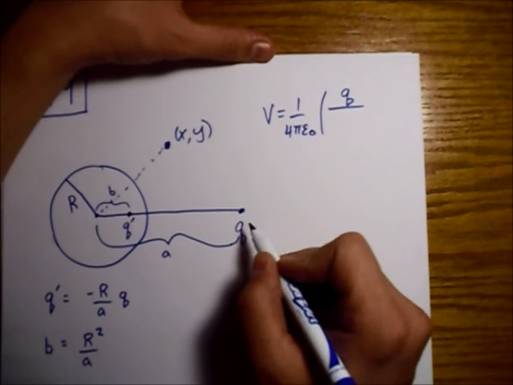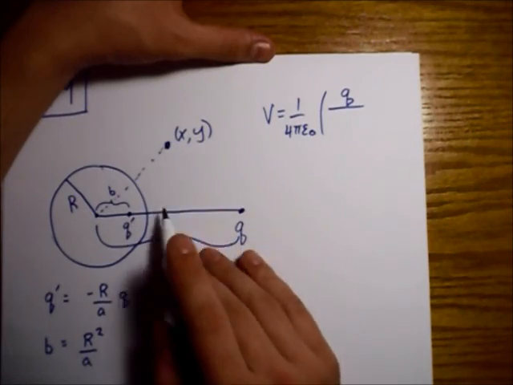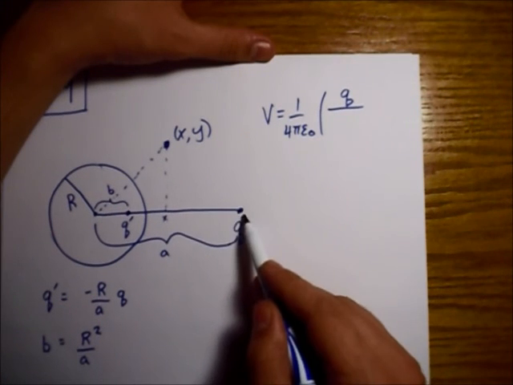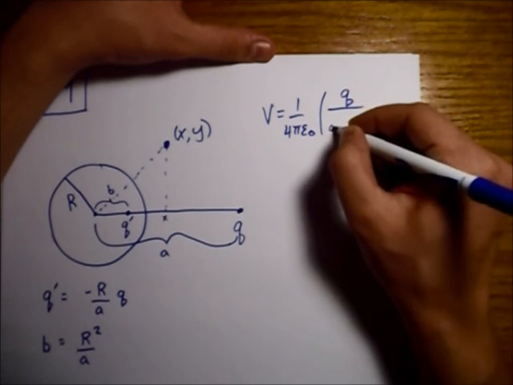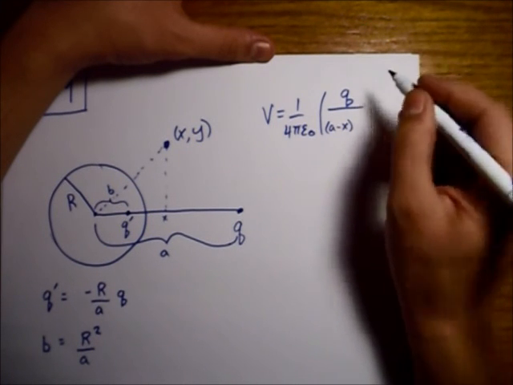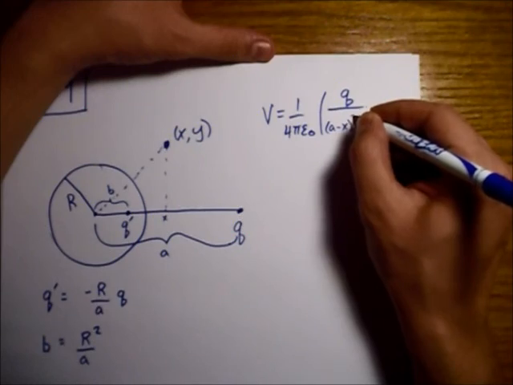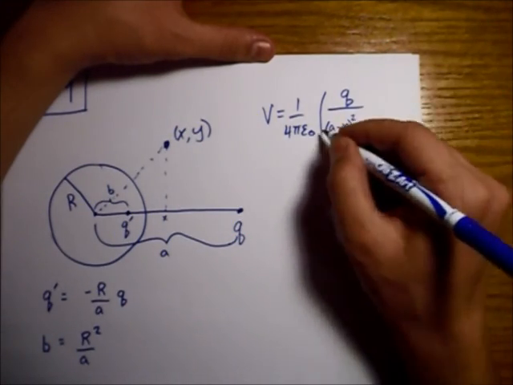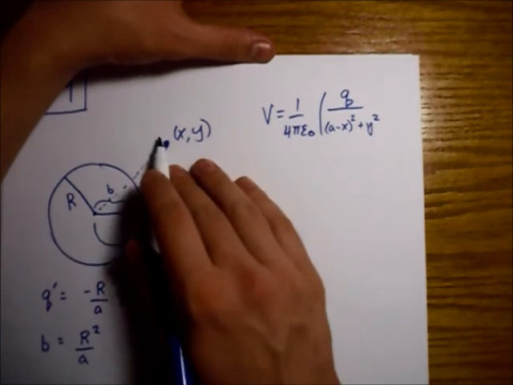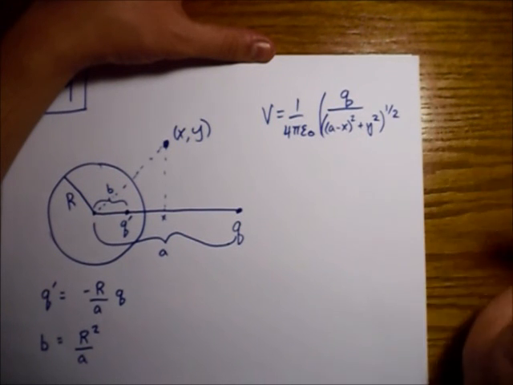In this case, we'll have a minus x, so there's x, and out here is a, and we're taking the difference. We want the magnitude, so essentially absolute value. We're just using the Pythagorean theorem. And then y squared is the y distance, and this is all to the 1/2 power, or square root.